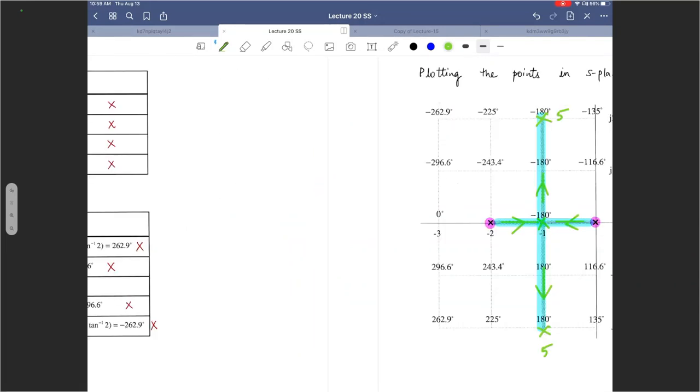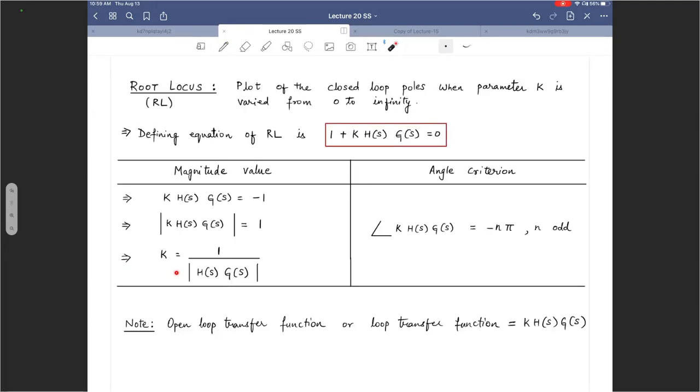If you see this, the magnitude criteria has a k, so I can't use that. That will not give me a proper root locus because it depends on k, which is why I use the angle criteria, in which the angle is independent of k. So once it is independent of k, I can find out all the poles that satisfy the angle criteria, but I can use the magnitude criteria to find the value of k for each of those points in the root locus.